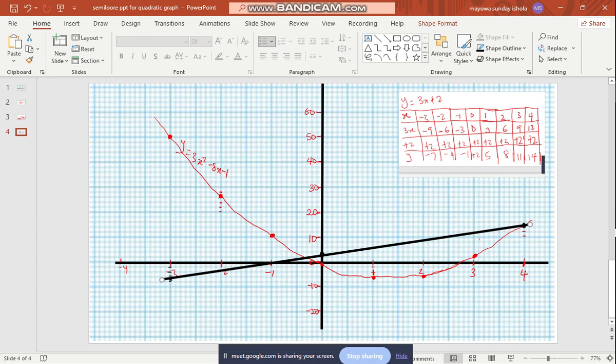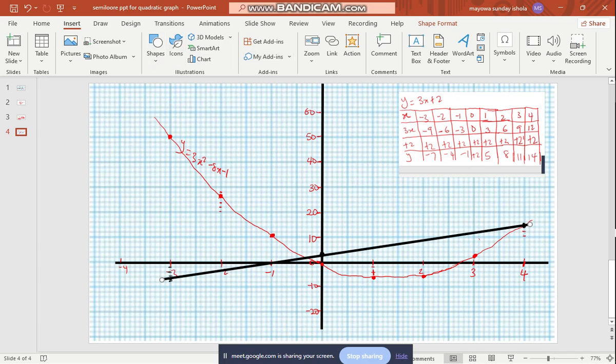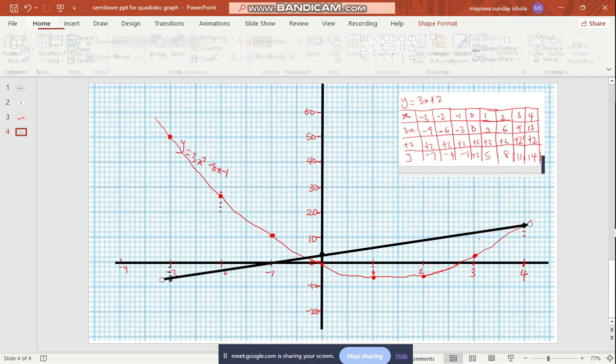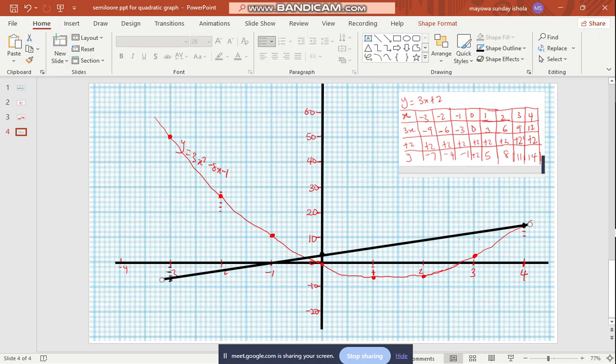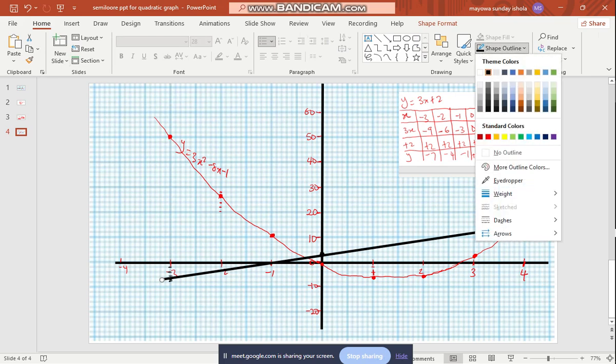Can I give that line another color? Yes, sure.